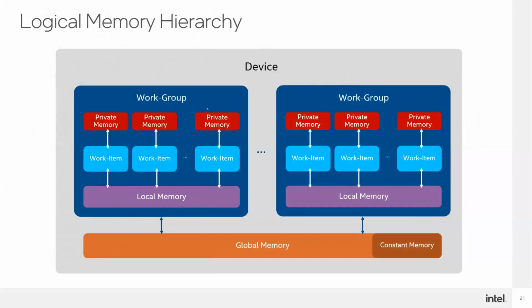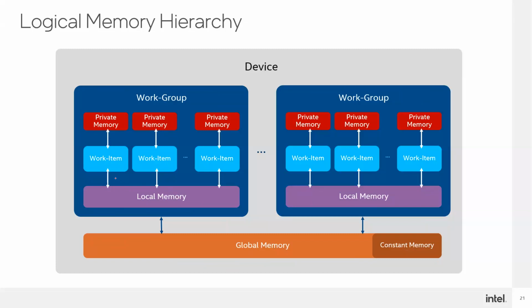But I think nowadays in the SYCL standard, the constant memory was deprecated. So there are 3 types of memory left. Each work item, each thread, has its own private memory, which is not shared with other work items. But we know that work items are grouped in work groups. So that's why a work group allows you to have a local memory, sometimes called shared local memory, right?